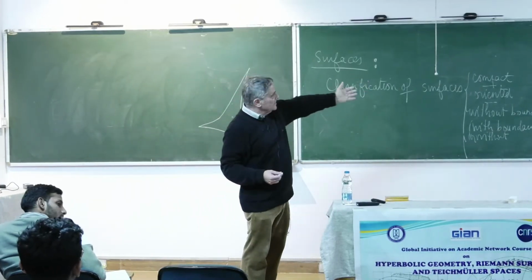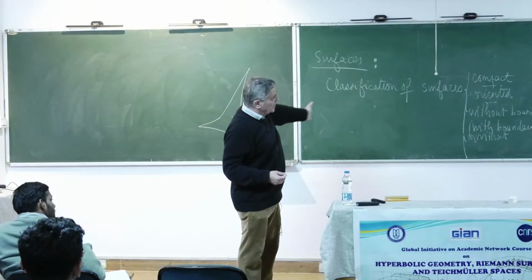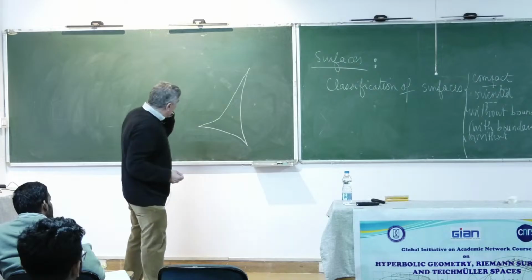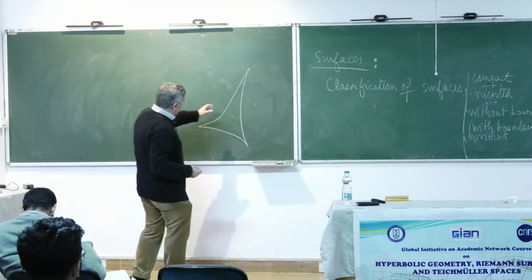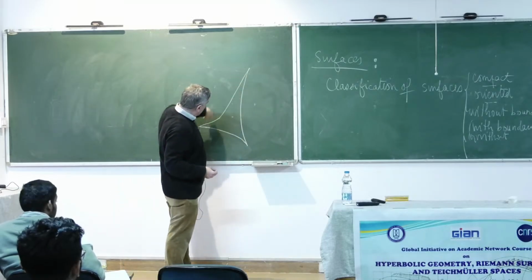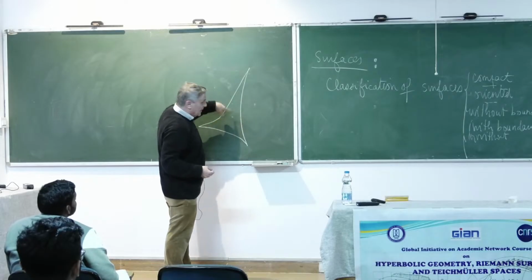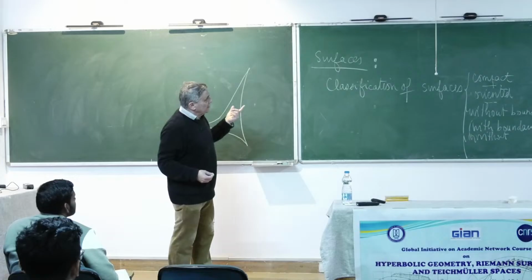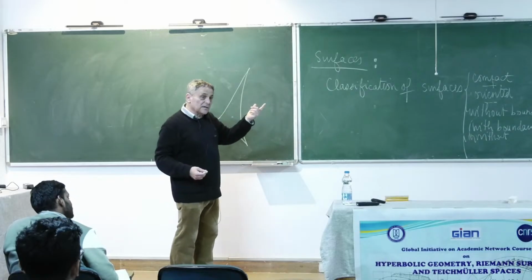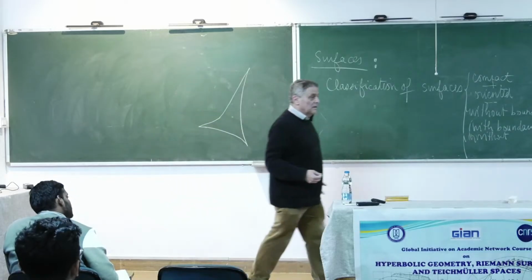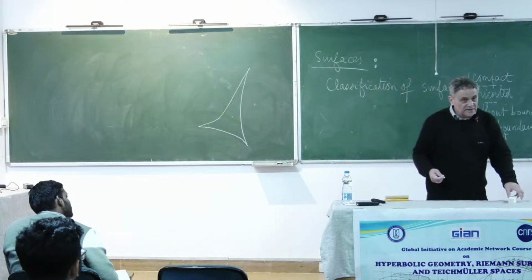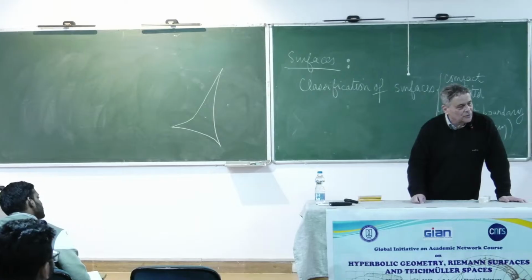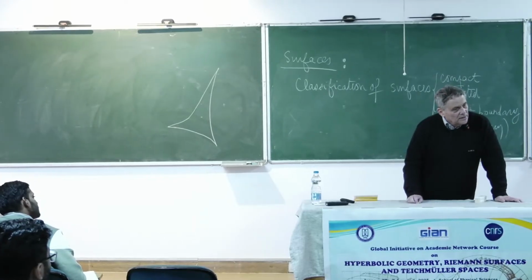Okay, this is not compact, whereas what I'm talking about is. Well, it will come in the following way, because I will glue 2 ideal triangles along their edges, and I will get a sphere with 3 punctures if I do the gluing in the correct way.